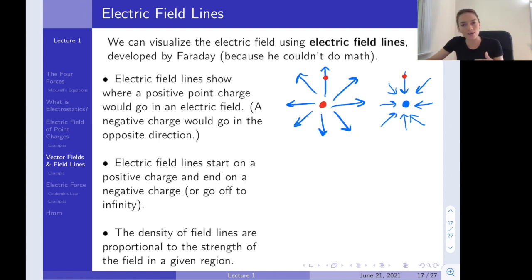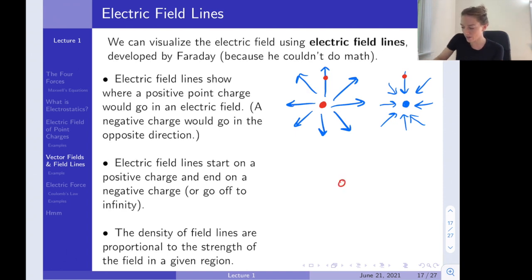The field line arrows are reversed because a positive charge would want to go towards a negative charge. So electric field lines always start on a positive charge and end on a negative charge. These little lines point towards this negative charge and end here, or at infinity.